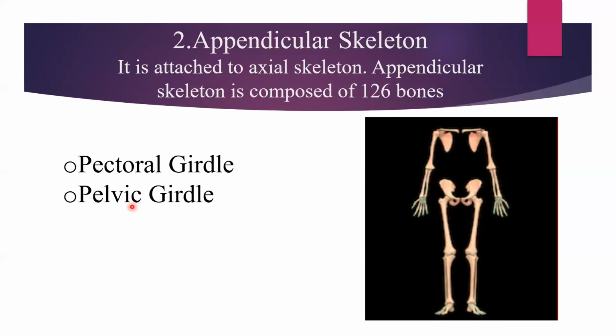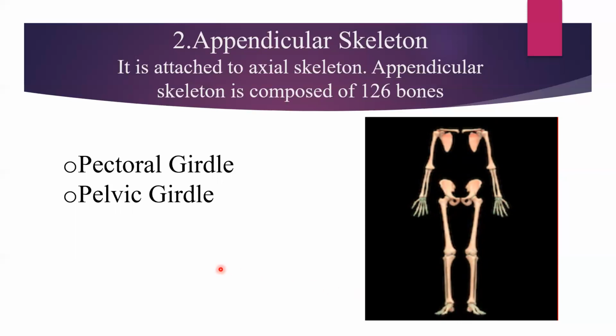Next part is the pelvic girdle. Pelvic girdle has 2 bones. Legs have 6 bones, and feet have 54 bones.